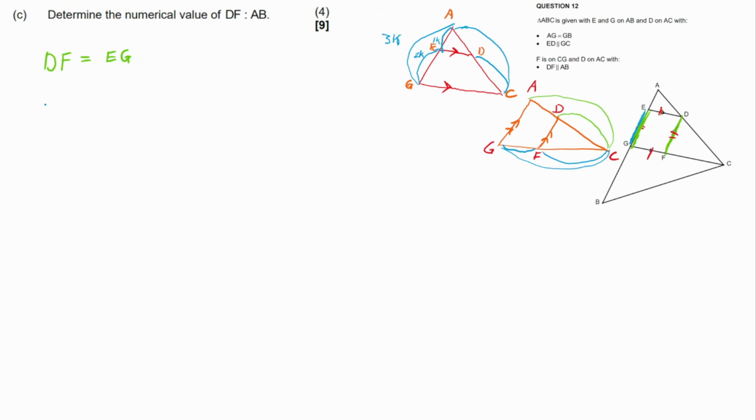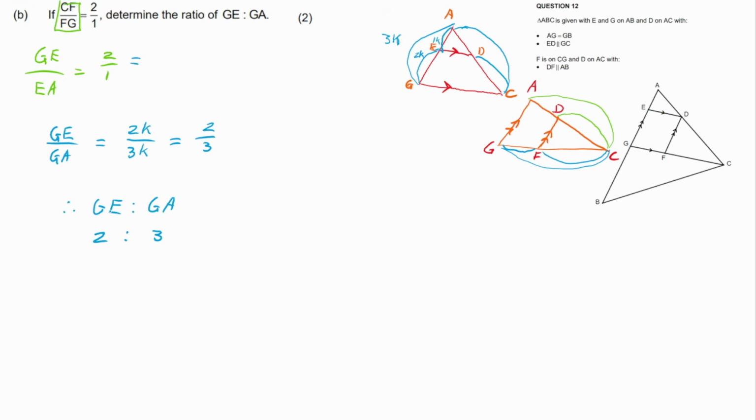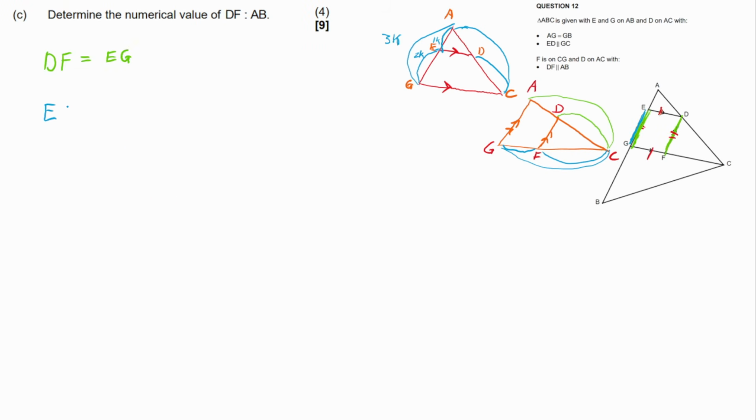The previous question says GE, but GE is the same as EG. So I'm going to say EG over GA. I can either use the previous question or use my triangle up here. So I have EG is 2k, and GA is this big one, 3k. So these k's will cancel, and I'll be left with EG is equal to 2 over 3 GA.